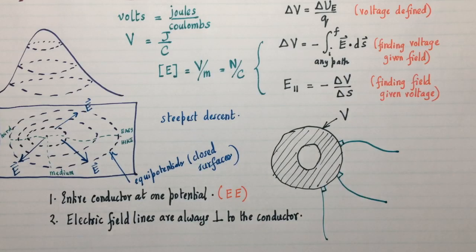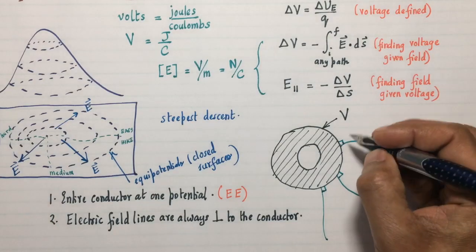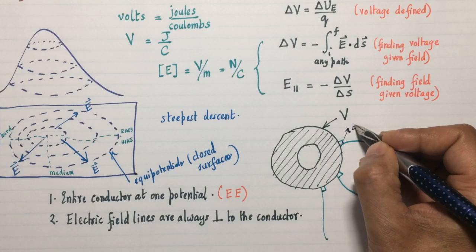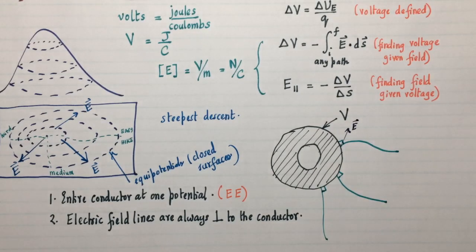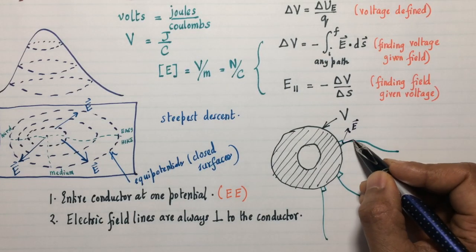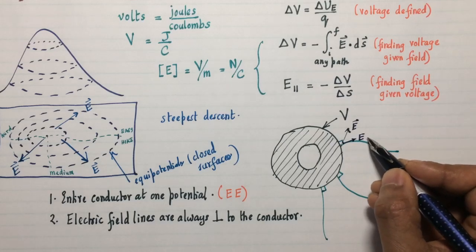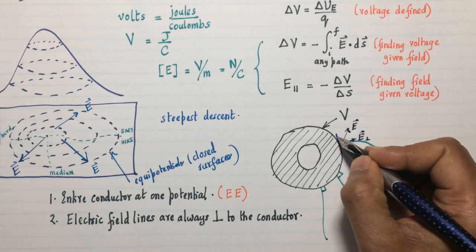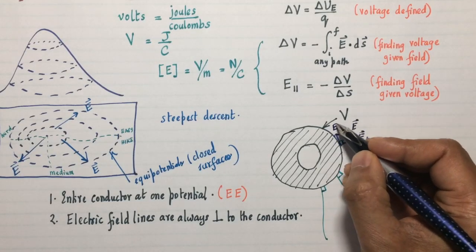Now, why is that the case? Suppose that's not the case. Let's suppose, for the sake of argument, that you have a field line that is not at 90 degrees. So it's going to be at some weird angle like that. We can break it up into two components, the perpendicular component, which I'll call E perpendicular, and a parallel component, which I'll call E parallel.